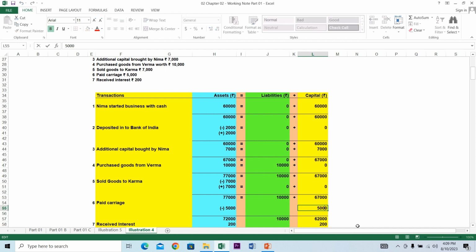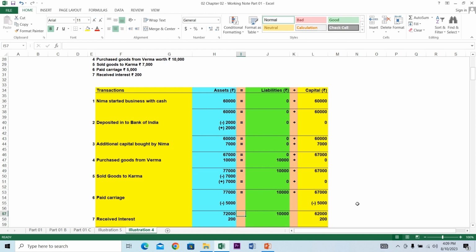So 77,000 minus 5,000, 72,000. Here दोनों side reduce हो गया है. Both things, assets reduced and here the capital reduced. Now 72,000 is equal to 10,000 plus 62,000. 67,000 minus 5,000, 62,000.